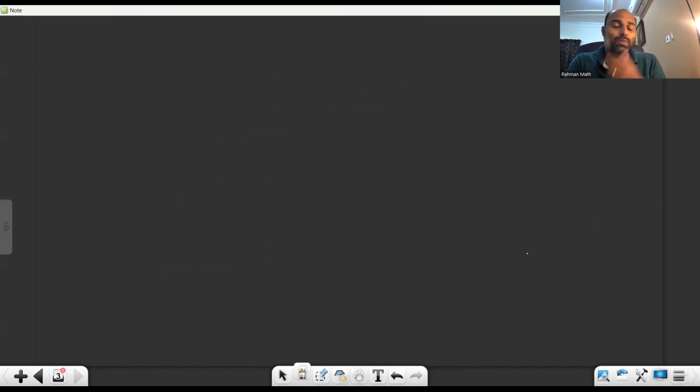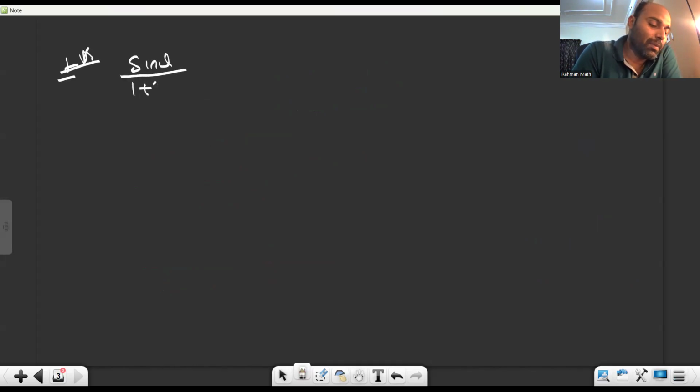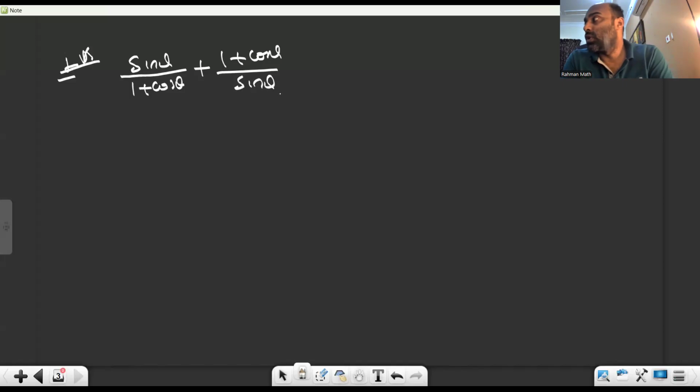Please try the same strategy I told you. It is already in terms of sine and cos: sine theta by 1 plus cos theta. So common term is not the thing here, it is cross multiplication. When you do sine theta into sine theta, what is it? Sine square theta.